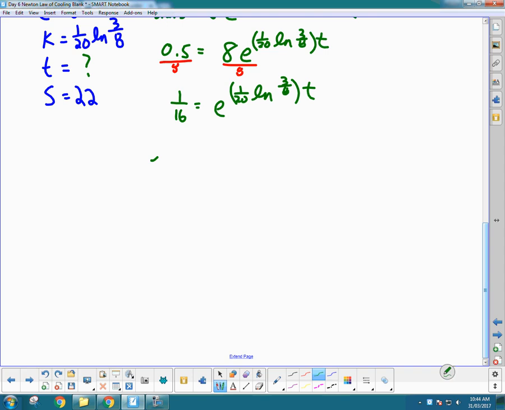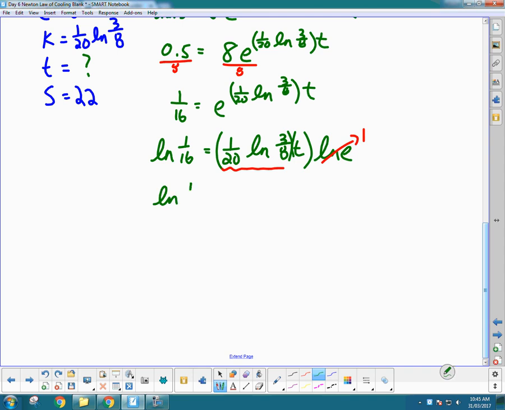Taking the ln on both sides and bringing the exponent down at the same time. First, ln of e is 1, so now I just got to divide both sides by this to get access to t.